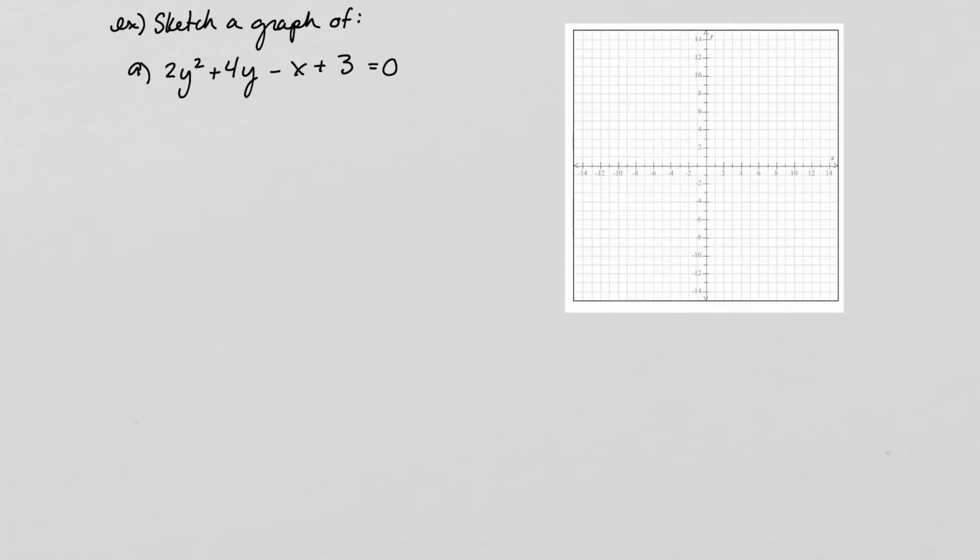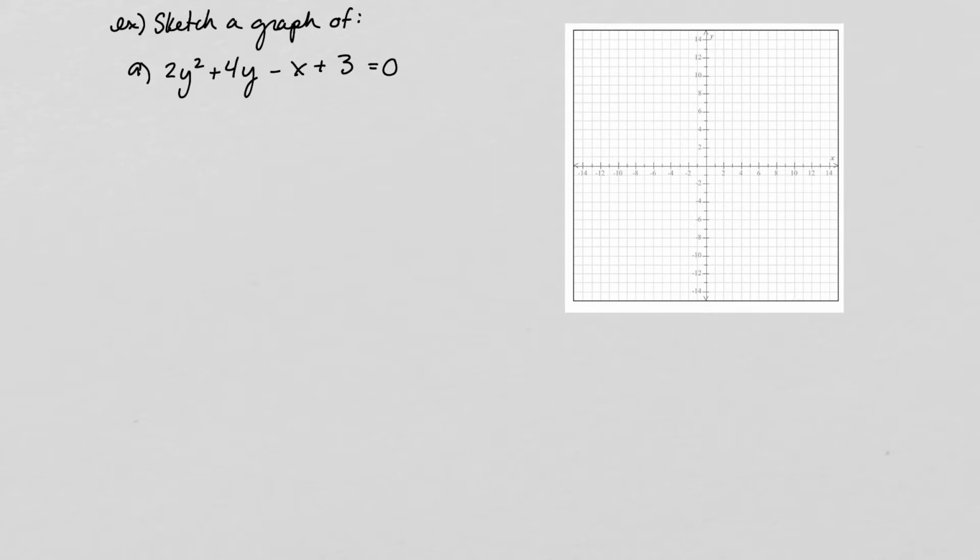So let's give this a try here. I have 2y squared plus 4y minus x plus 3. Right away, because the y is squared, I know that's going to open sideways. The first thing I am going to do is solve this for x.